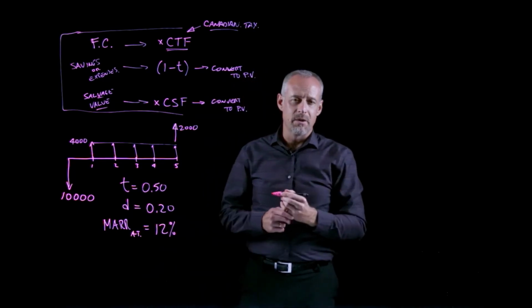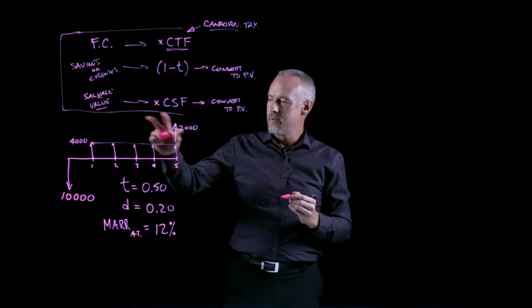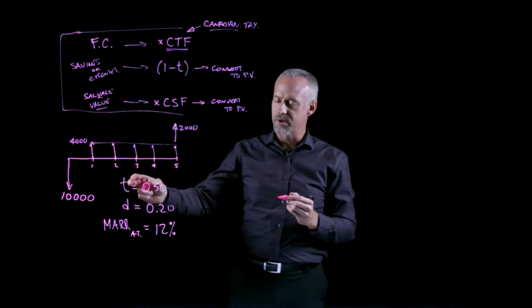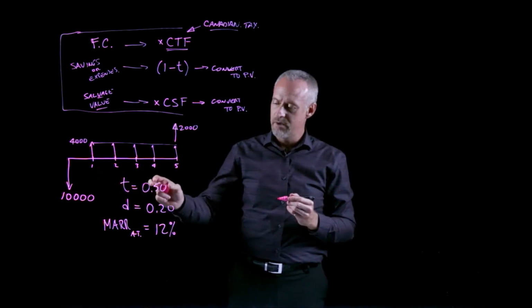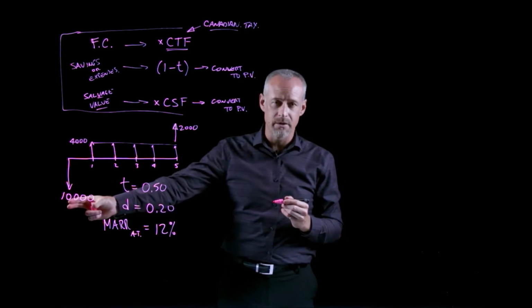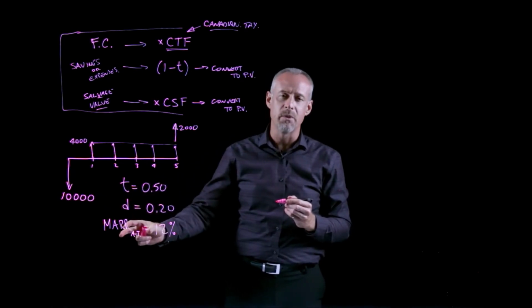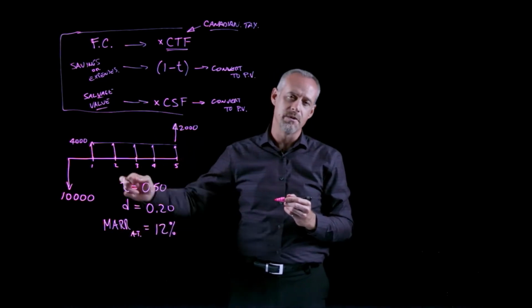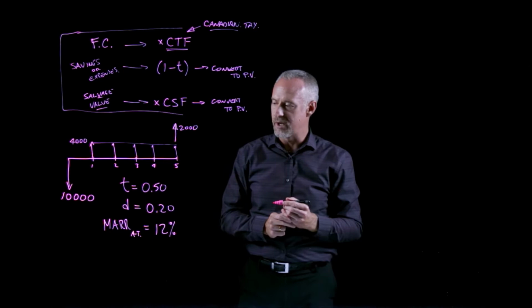So the task that we have is to take this cash flow diagram as described in the problem, combined with the company's tax rate, the depreciation rate for the asset that we purchase, as well as the company's minimum attractive rate of return, and decide whether or not this is a good investment for the company.